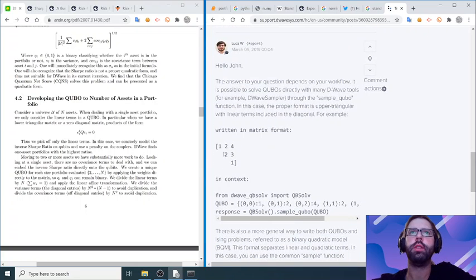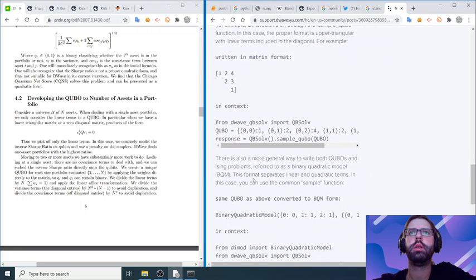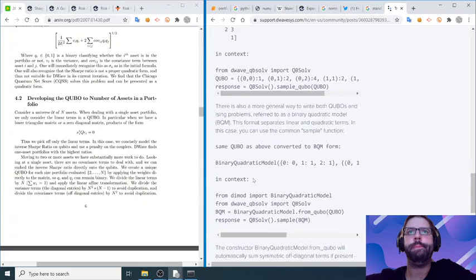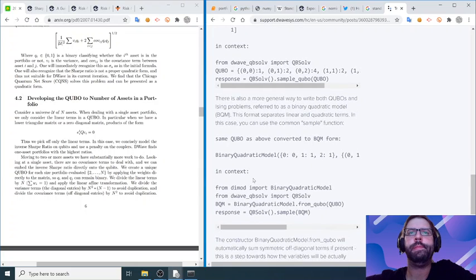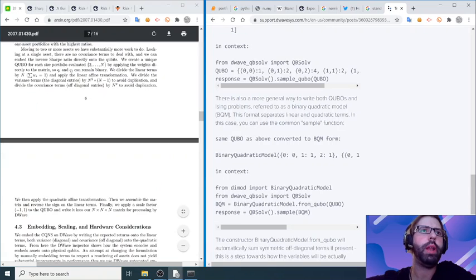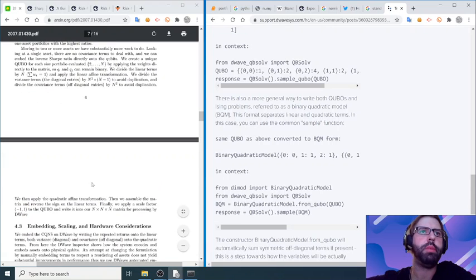Yeah, okay. Those are the single terms, right? And then the upper terms are for the couplers 0, 1, 0, 2, and 1, 1. Like an n times n matrix.